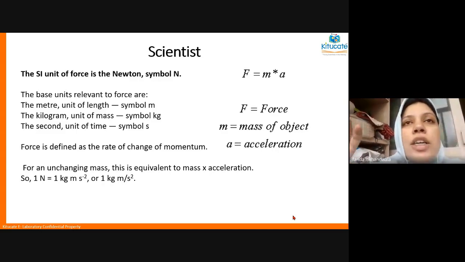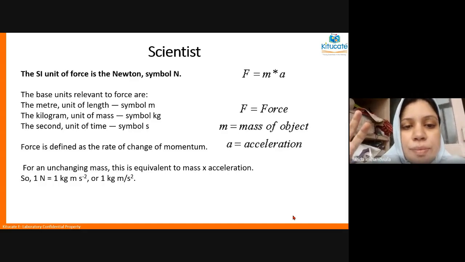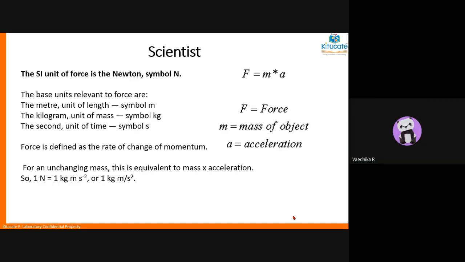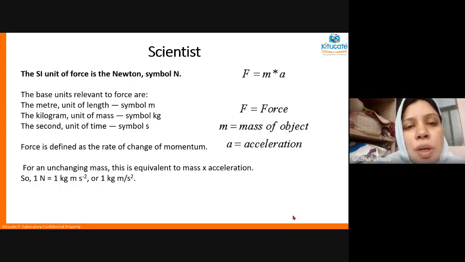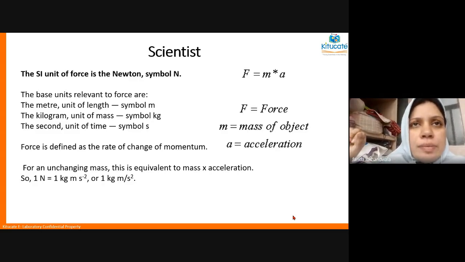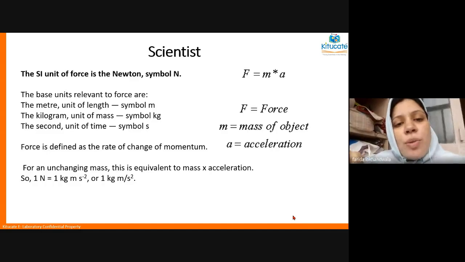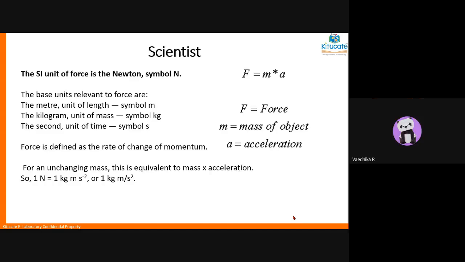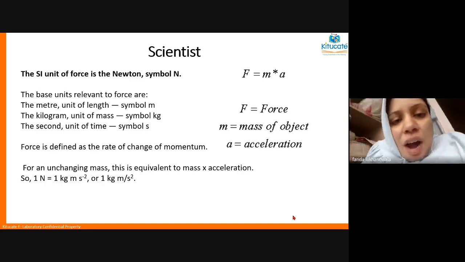What is the unit of length? Meters. What is the unit of area? Meters square. Why did you say meter square? Because it's the unit. How and why?